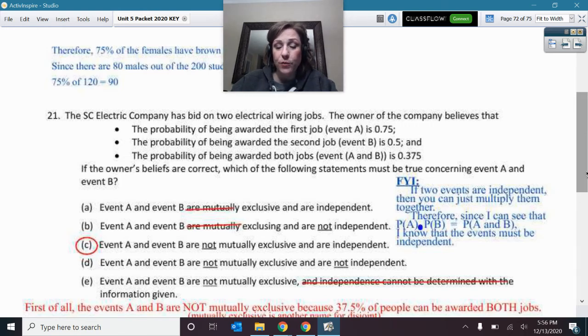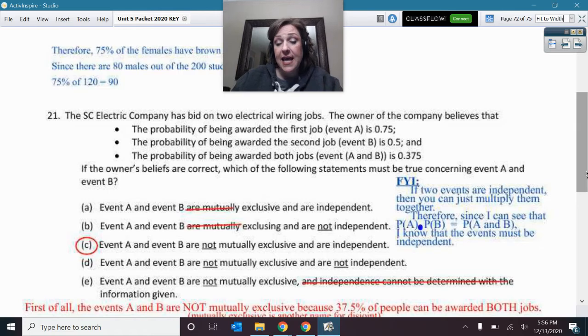In this one fell swoop, this one problem, we saw if you knew the definition of mutually exclusive and independent. Mutually exclusive is the same thing as disjoint. Disjoint events cannot happen at the same time. Mutually exclusive of each other, separate.